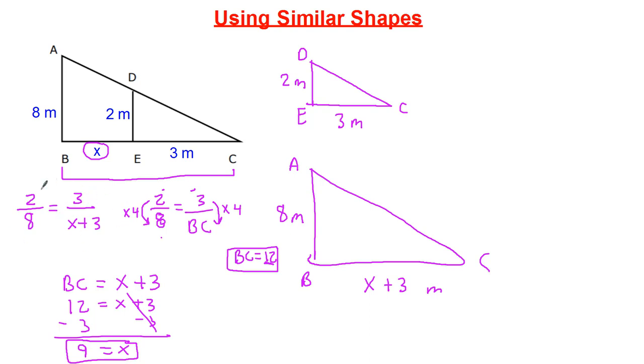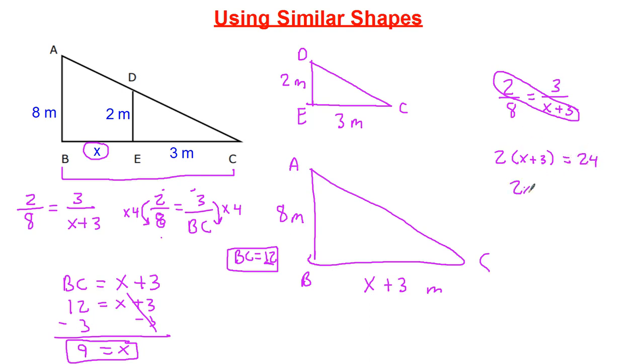Now, I did say at first, if you want to just do the x plus 3, we could have done the cross product. So this is what that looks like. 2 over 8 equals 3 over x plus 3. So if we multiply this right here, we get 2x plus 6, and then 8 times 3 is going to be 24.